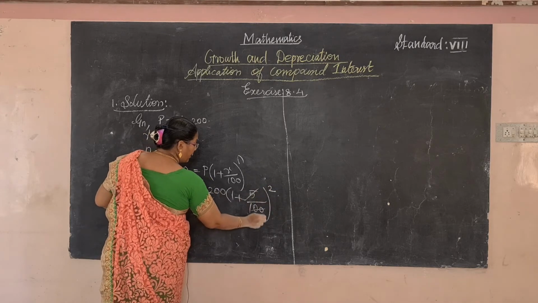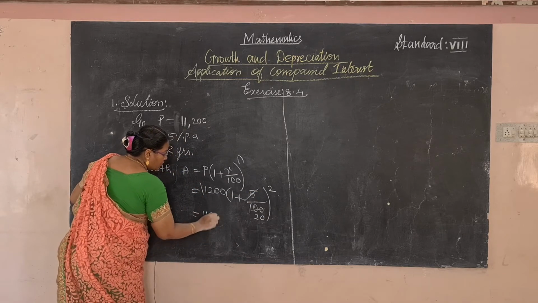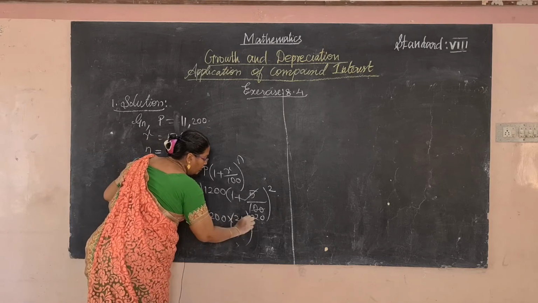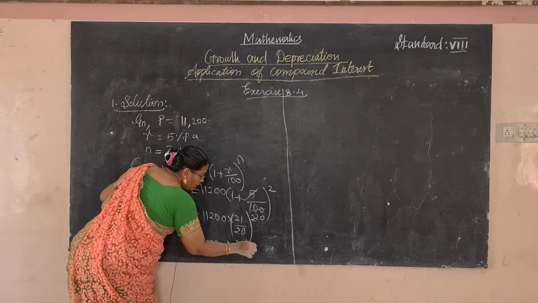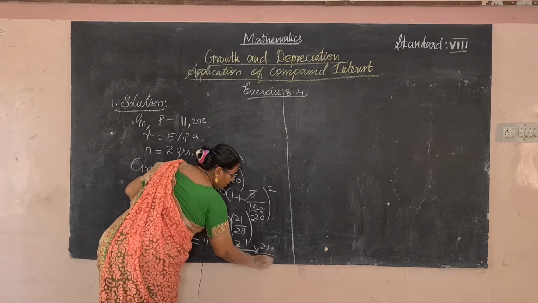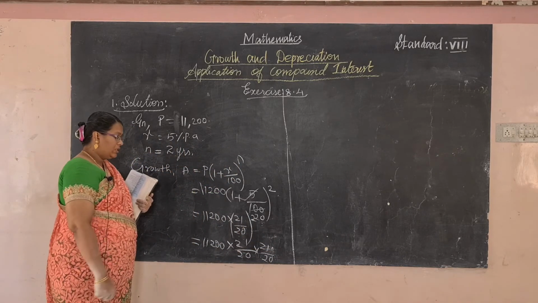It cancels in 5 twenties, so 20 plus 1 is 21. So 11,200 into 21 by 20 the whole power 2. So 11,200 into 21 by 20 into 21 by 20, expressed as 2 terms.